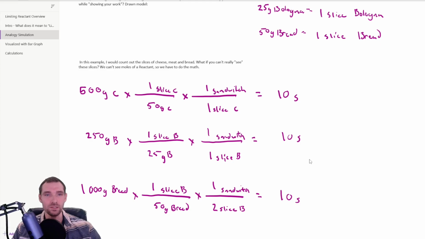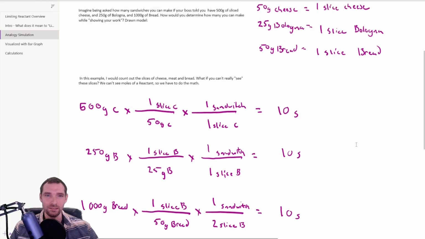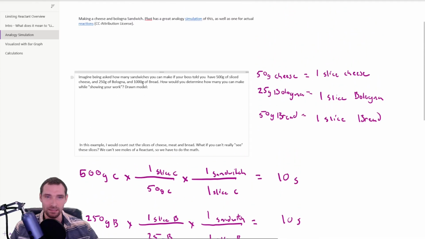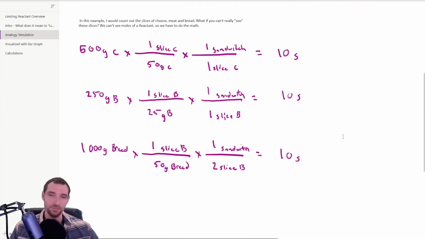So in this situation, we were able to make 10 sandwiches, and there wasn't really any one thing limiting the reaction. All of them were limiting reactants. They were all equally limiting in how much product could be made. You could imagine, let's say maybe I had 500 grams of bread. Then I've only got enough bread to make 5 sandwiches, and so the bread would be the limiting reactant in that situation.